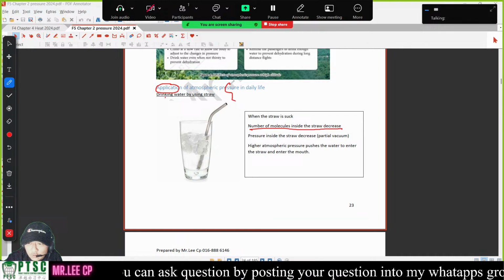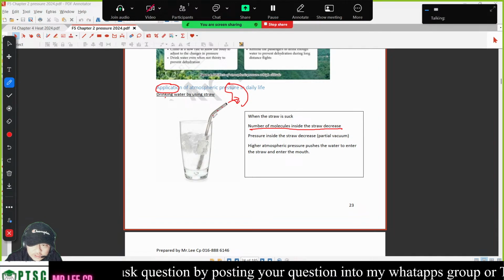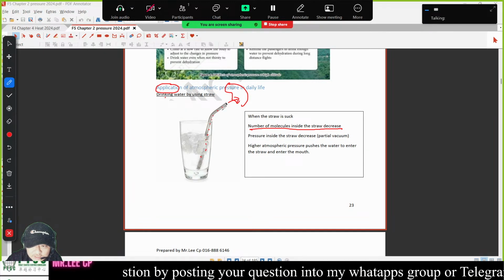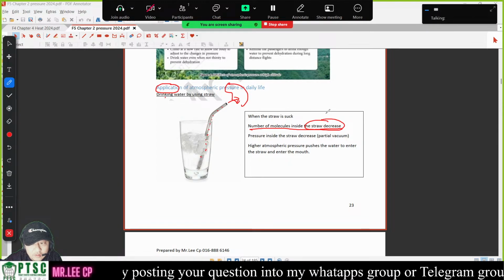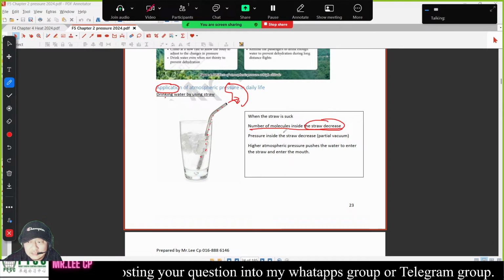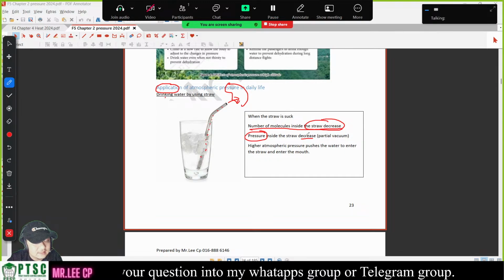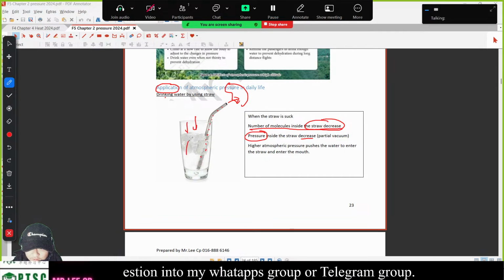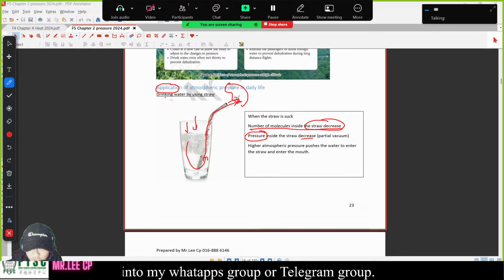So you are going to suck it. Here there are a lot of air particles inside the straw. When you suck it, the number of particles inside the straw gets lesser, so pressure gets lesser. The higher atmospheric pressure is going to push the water, enter the straw and go into your mouth.